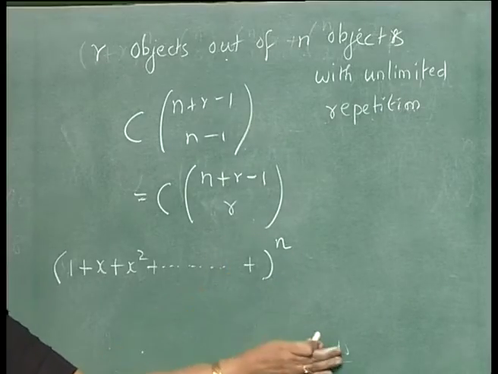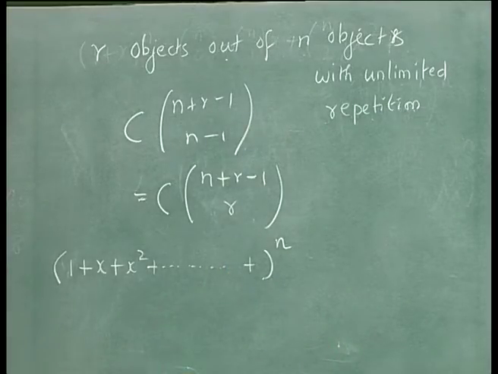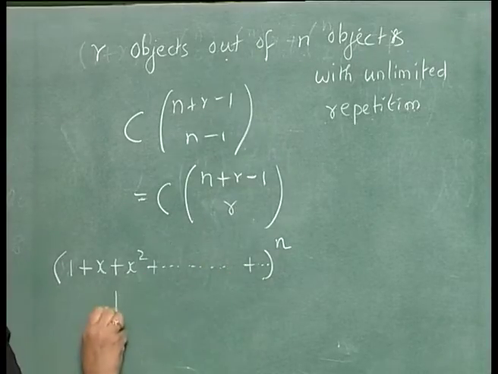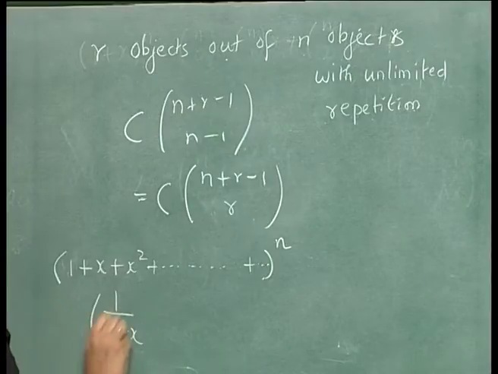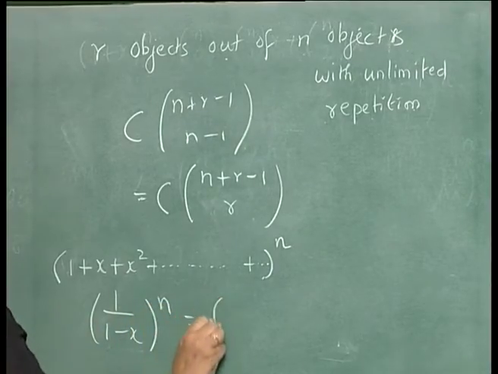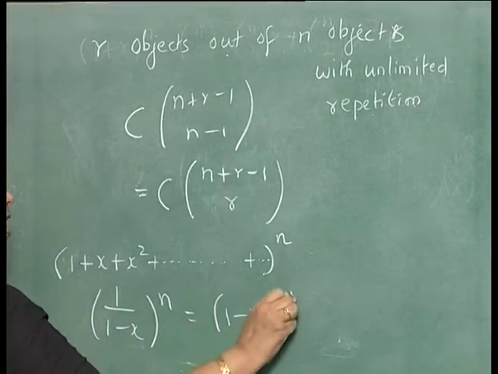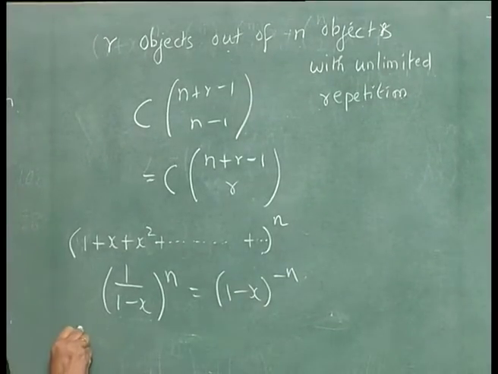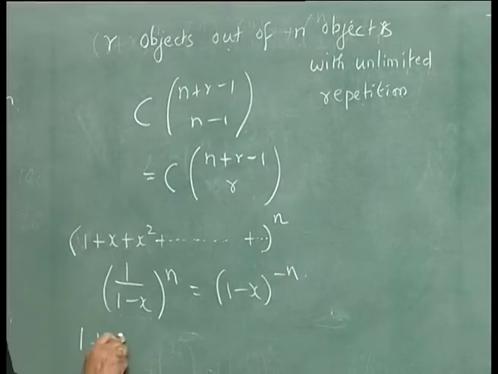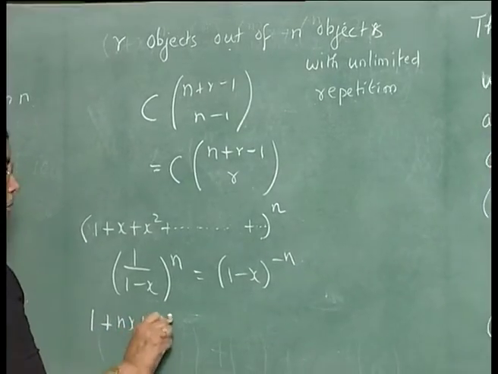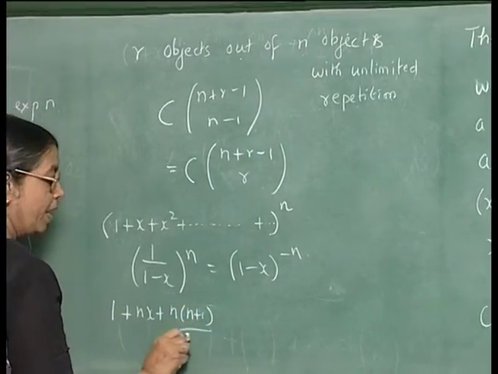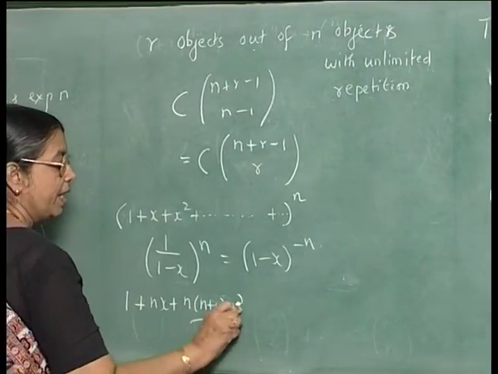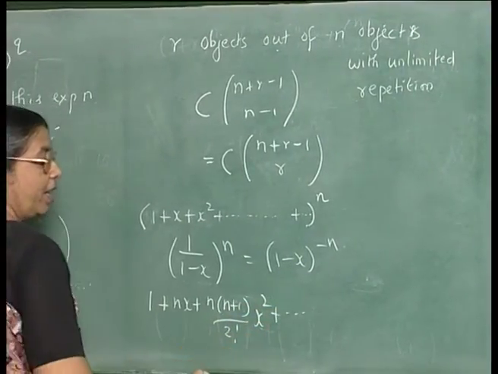For n objects the enumerator is this, and this is nothing but 1 by (1 minus x) whole power n, or equal to (1 minus x) to the power of minus n. In the binomial expansion, this will expand as 1 plus nx plus n(n+1) by 2 factorial x squared and so on.